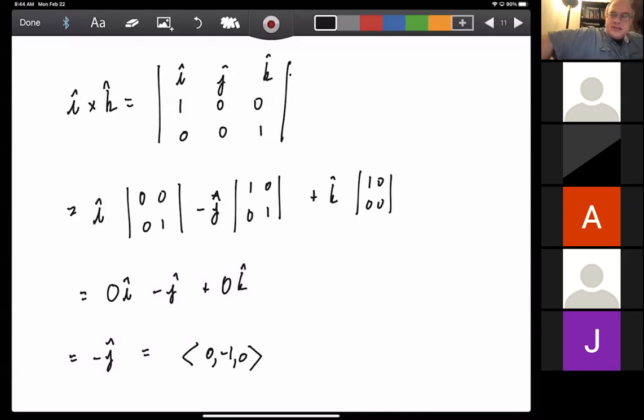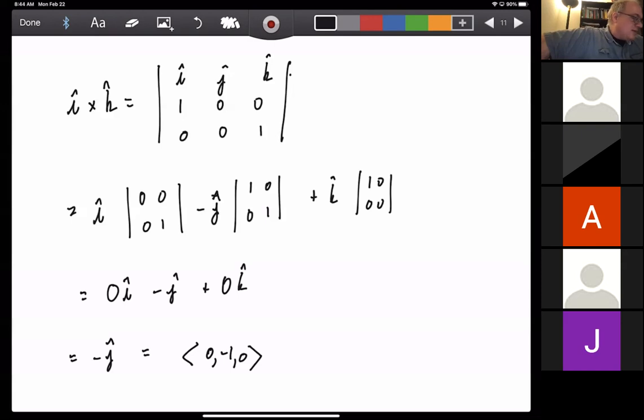remember, you can use the right-hand rule to work these out. i hat, j hat, and k hat are mutually orthogonal to each other. So if we cross i and j, you know it's going to be something times k. And the result's going to be a unit vector if you cross unit vectors like this that are perpendicular to each other.